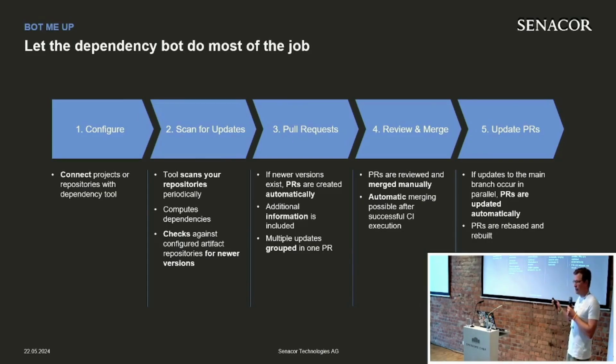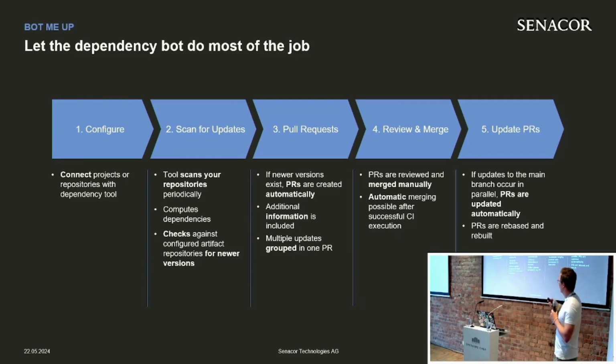So what do we want to have in the end from a technical perspective? We want to somehow configure our repositories or projects in a way that we have a dependency tool and those projects and repositories are known to that tool. Once the tool knows everything, we want this tool to scan your repositories periodically. So depending on how much change you expect, you can choose your values there.